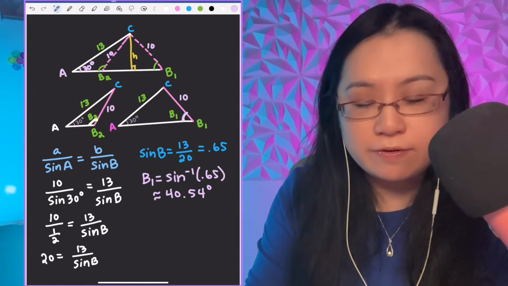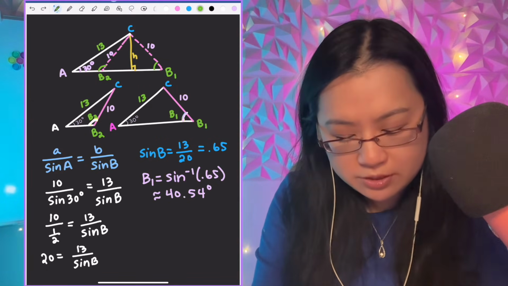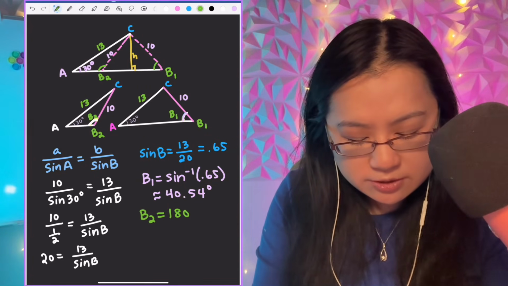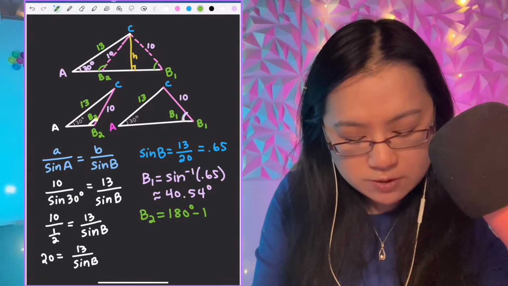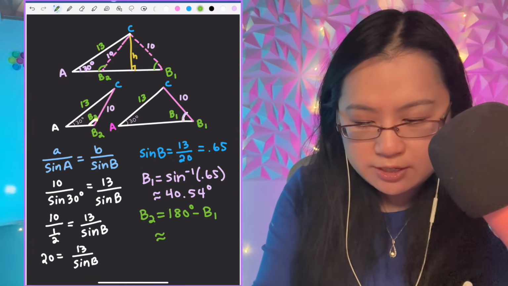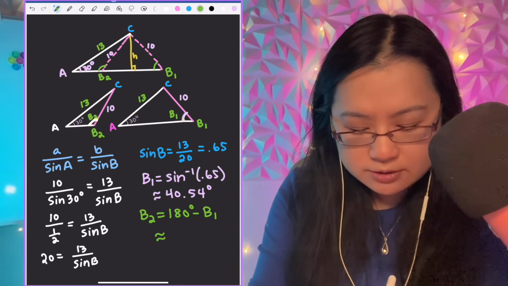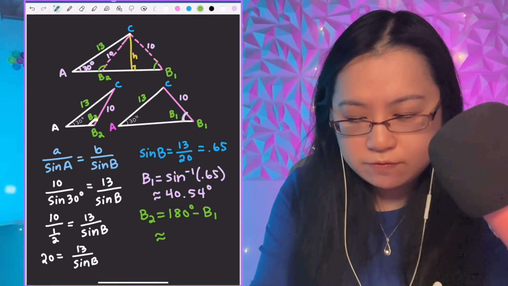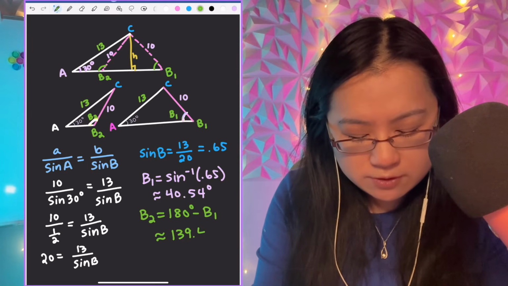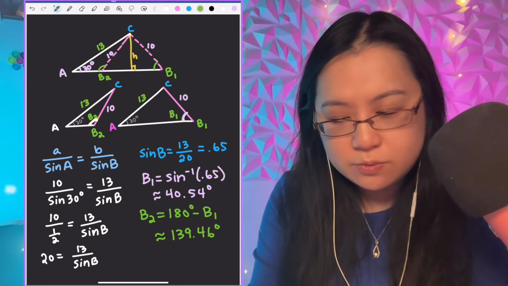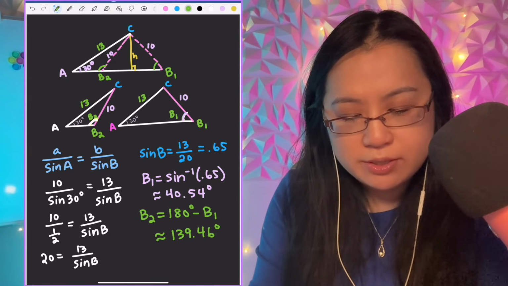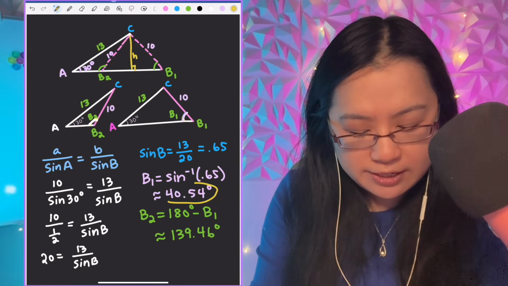So that's 40.54. So the other angle, this B2 angle, it turns out is just 180 degrees minus B1, which is approximately 180 minus 40.54. So approximately 139.46. Okay, so we'll talk about why they have this relationship here, but this would be your answer.